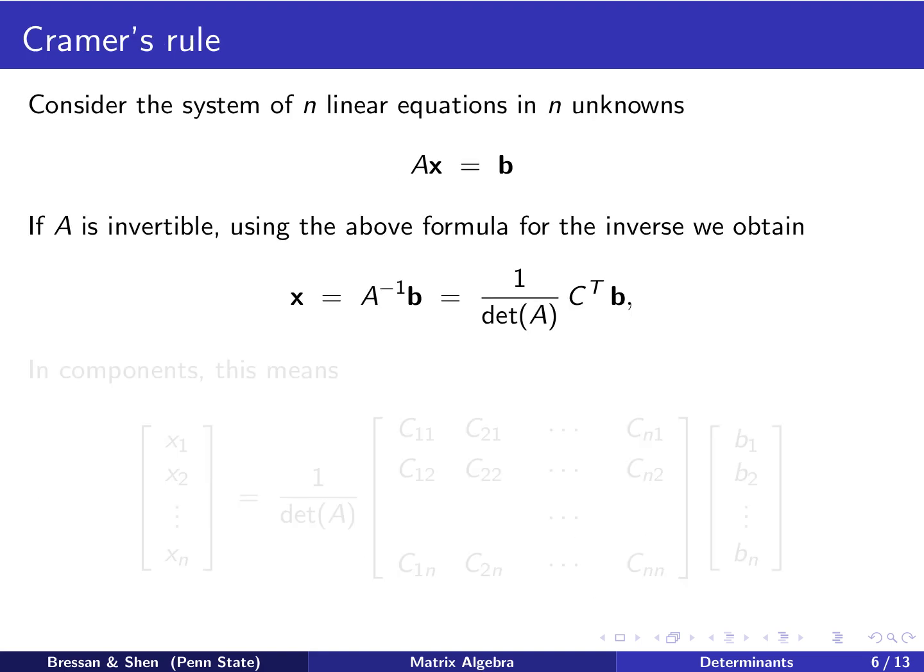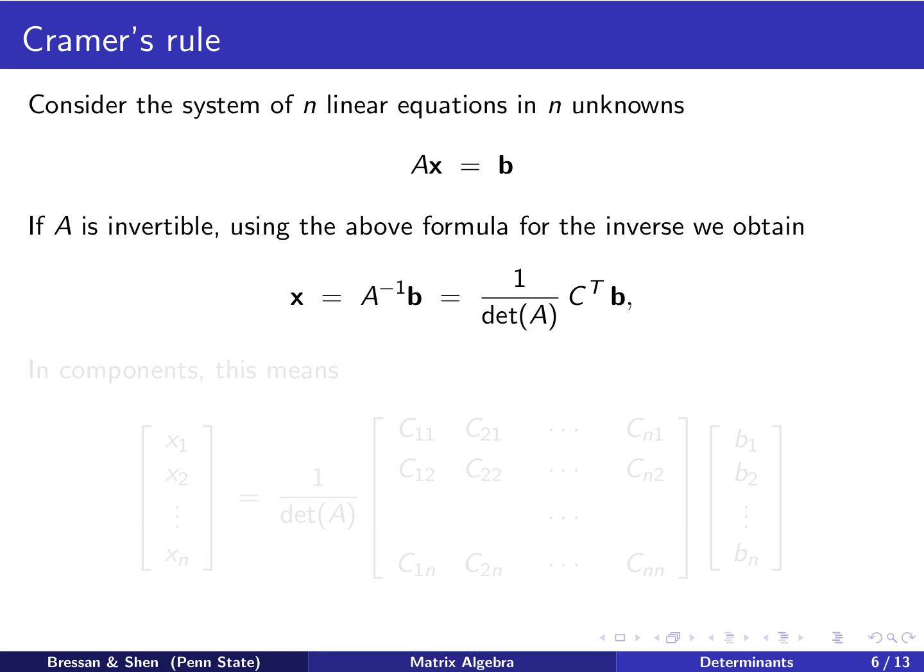Now we're ready to introduce Cramer's rule. We want to solve a system of linear equations, let's say n linear equations and n unknowns. So the A matrix is a square matrix. Assuming that A is invertible, that is, the determinant of A is not 0, then I can use the formula to find the inverse of the A matrix by the formula of the cofactors.